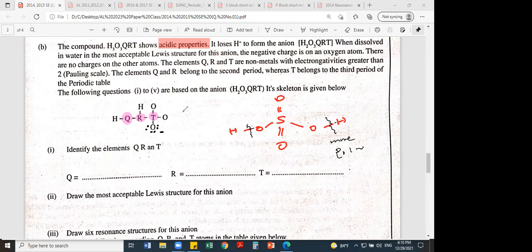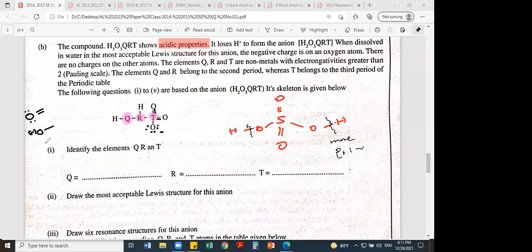If there is no minus charge on oxygen, then there's a double bond. Look here. What are the three ways oxygen can be linked to a central atom? Oxygen can connect with a double bond. That is the most acceptable, most stable one. Oxygen can link with a single bond, then there's a minus charge on oxygen. Those are the two possibilities.